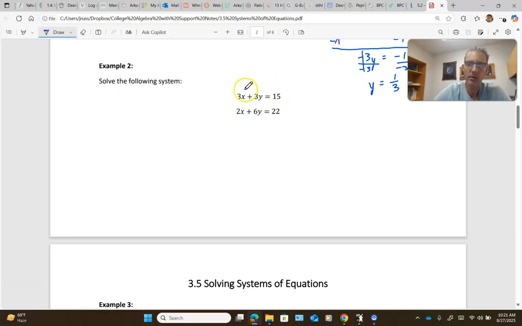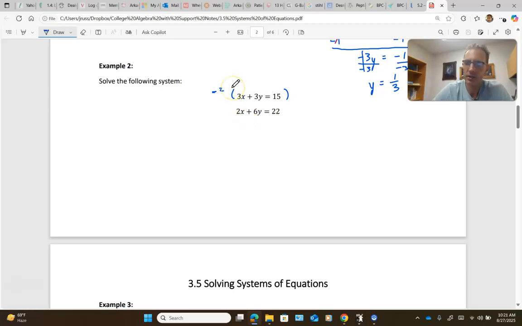So if I were to multiply the top equation by -2, and distribute it, that equation doesn't really change. It changes the way it looks, but it's the same equation because I'm multiplying both sides of it by -2, so it stays balanced.